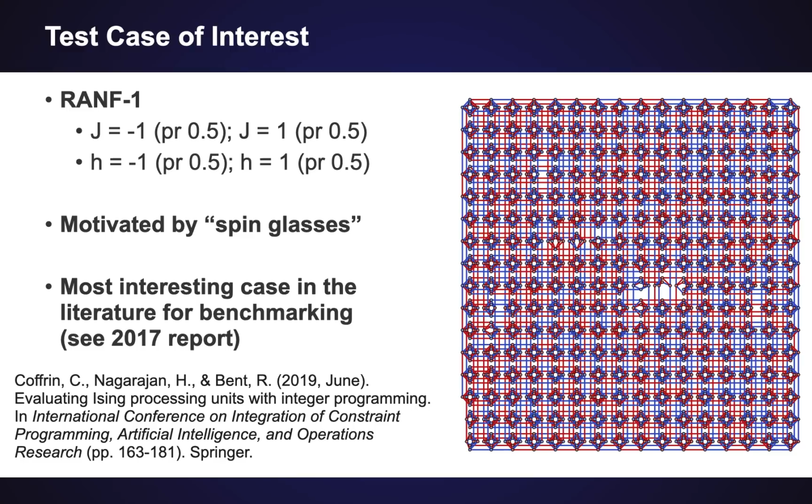This is kind of a totally random input to the D-Wave hardware. And this is motivated by spin glasses in Ising models, which are kind of known to have hard computational properties. In this evaluation study I did back in 2017, I evaluated a bunch of different instances that were available in the literature, and I found this one to be one of the most interesting from a benchmarking standpoint.